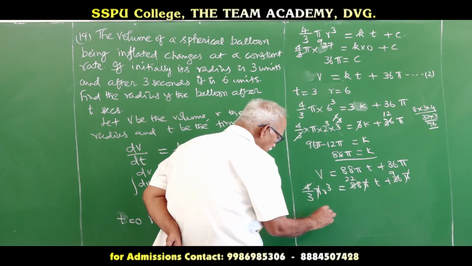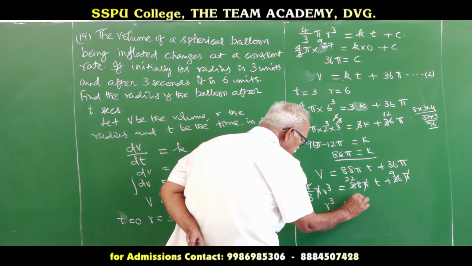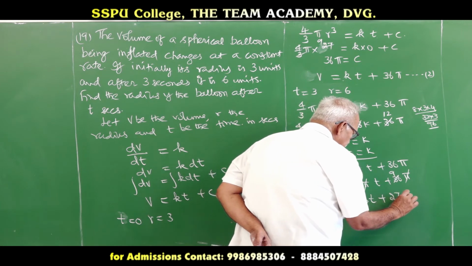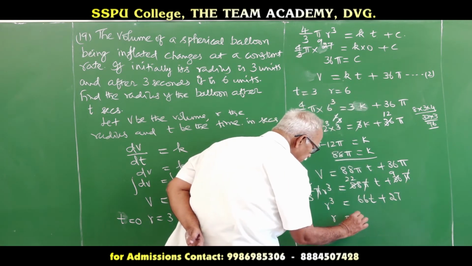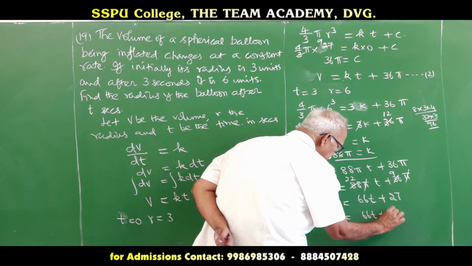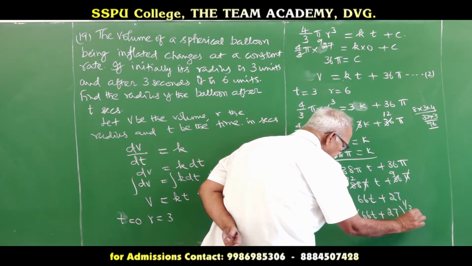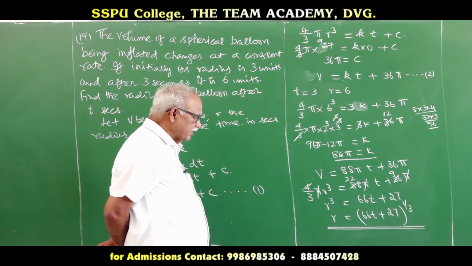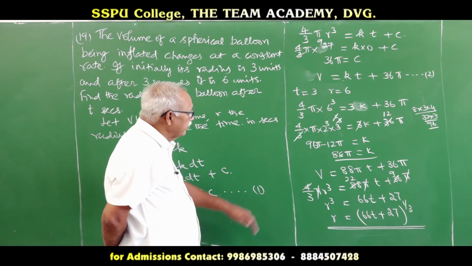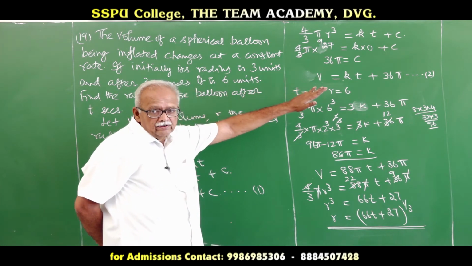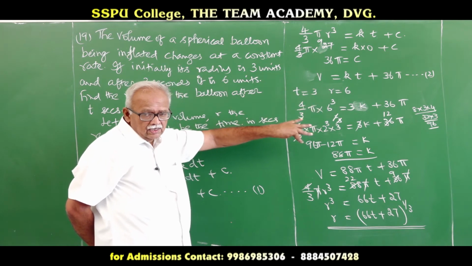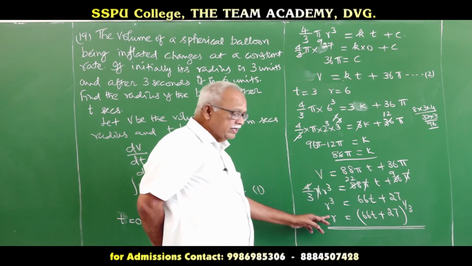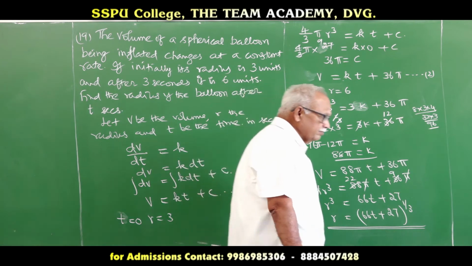So r cube is equal to 66t plus 27, and r is equal to (66t plus 27) whole to the power of 1 by 3. So two calculations we have to do, k as well as the constant c, and then the final equation comes. From there we can get r. Okay, next question, we will go to that.